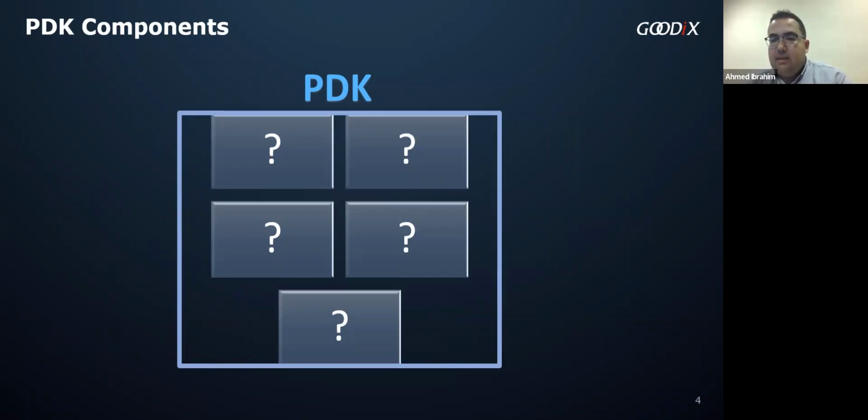Each component actually acts as a link between the design and its physical structure after the tape-out process. So as we progress through this presentation, each PDK component will be revealed one by one. I hope you find this method interesting and enjoyable.